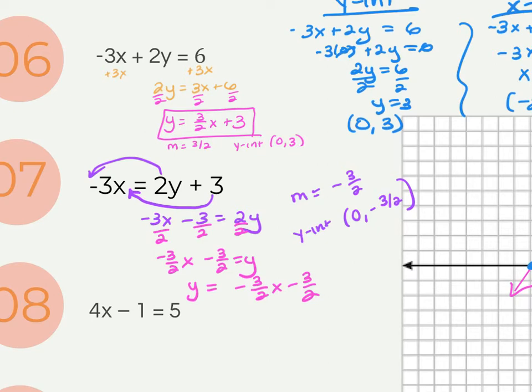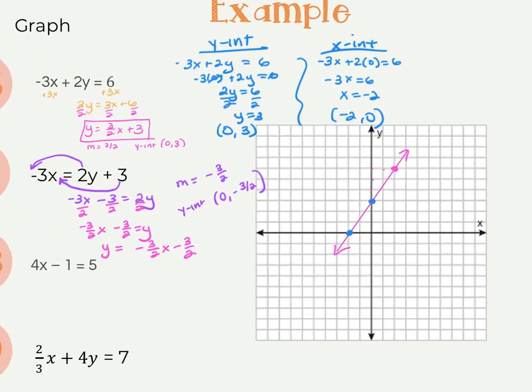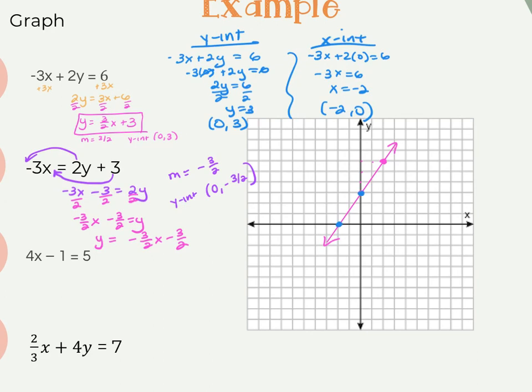Okay, so now I'm going to plot that one. My y-intercept is 3 halves, which is 1.5. Oh, negative 1.5, sorry. Negative 1.5. And my slope is negative 3 over 2. So I can go down 3 to the right 2, or keep the negative with the bottom and go up 3 and to the left 2.